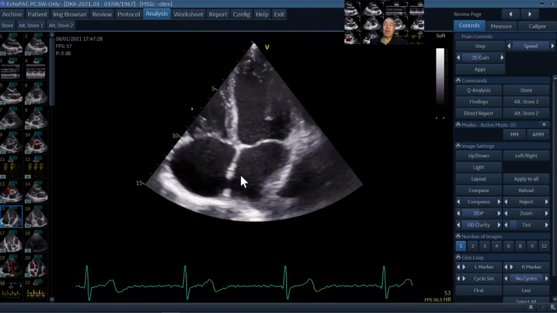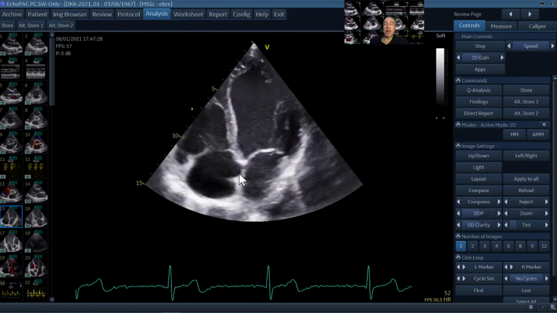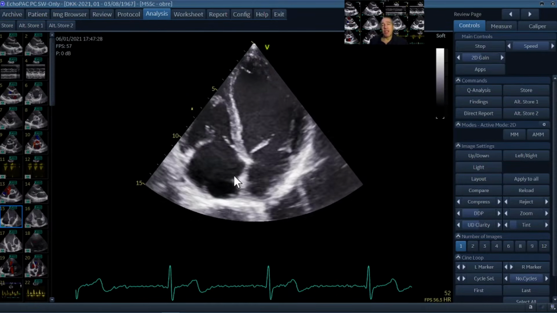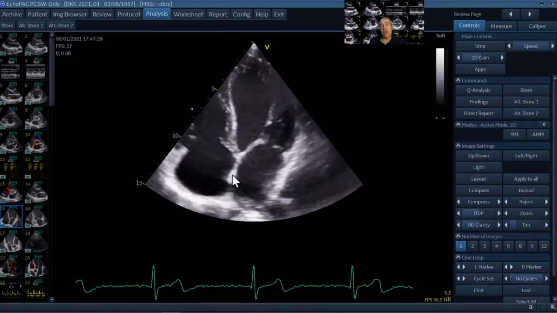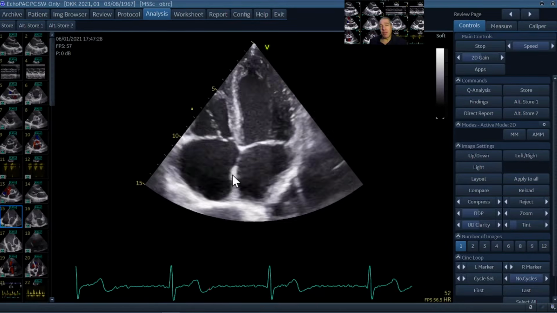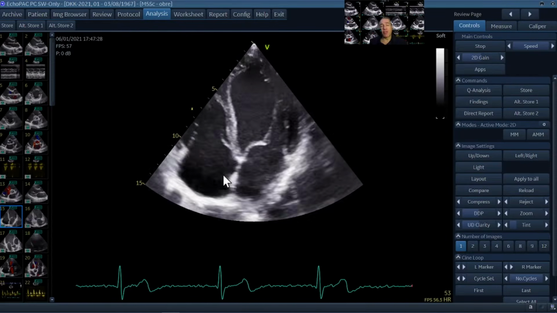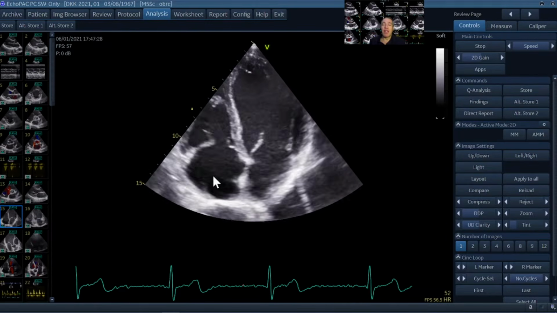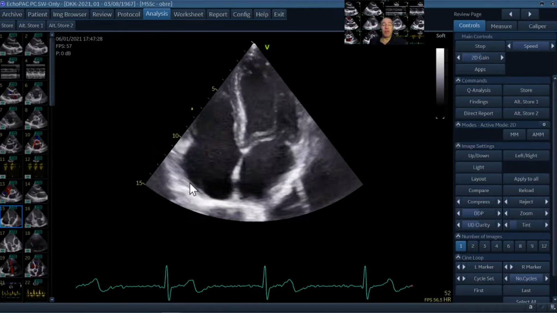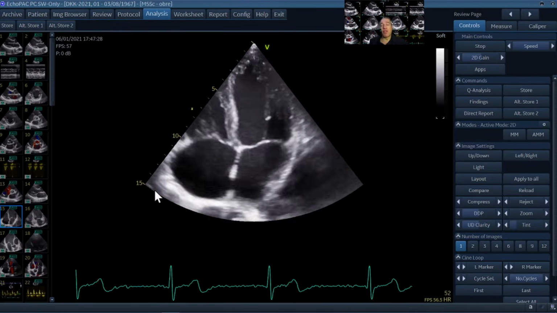But the apical four-chamber view is, in my experience, easier to image because you have a better positioning between the ribs for your ultrasound transducer. And that's maybe one of the reasons why I like to start with the apical four-chamber view.